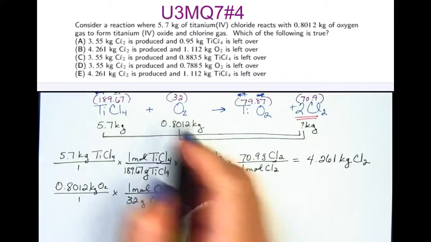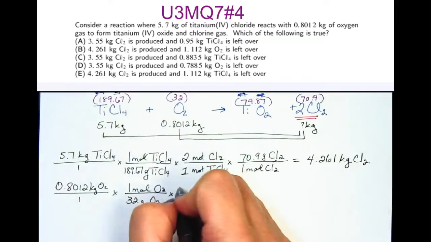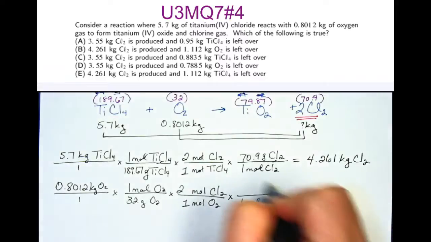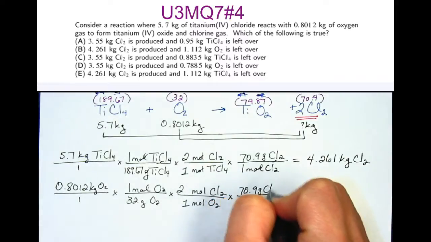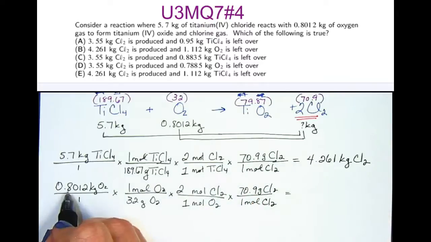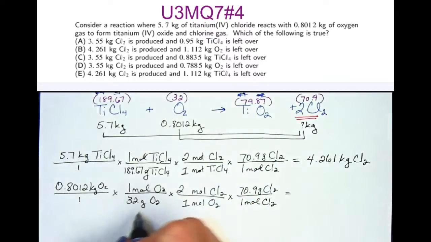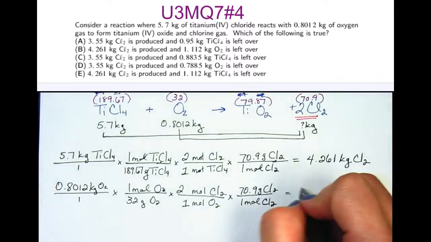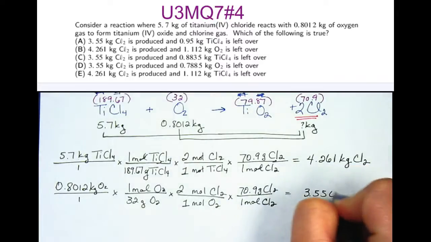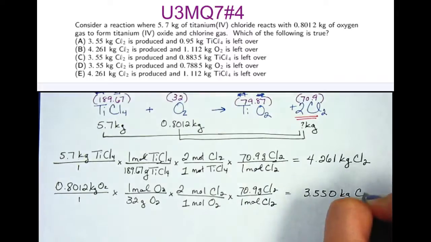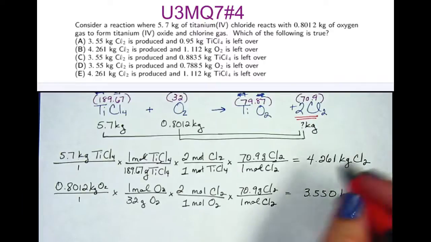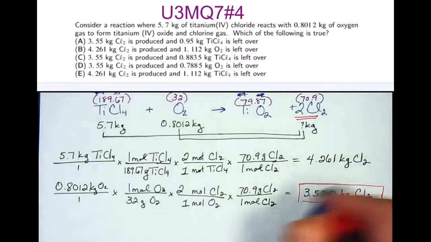It is 1 mole of oxygen to 2 moles of chlorine, and then convert chlorine to grams. 0.8012 divided by 32 times 2 times 70.9 is going to give me 3.550 kilograms of chlorine.